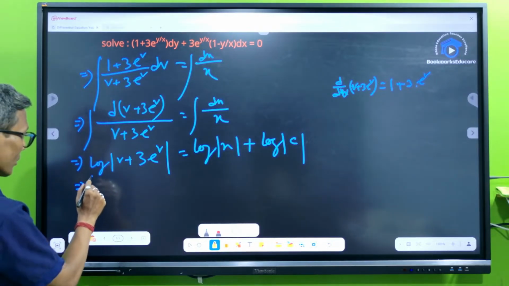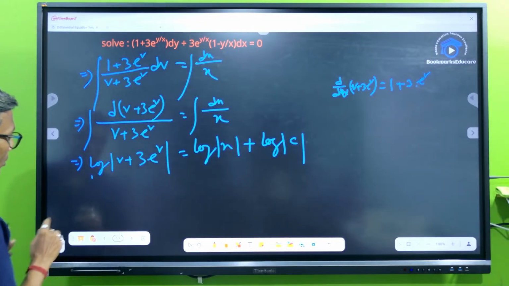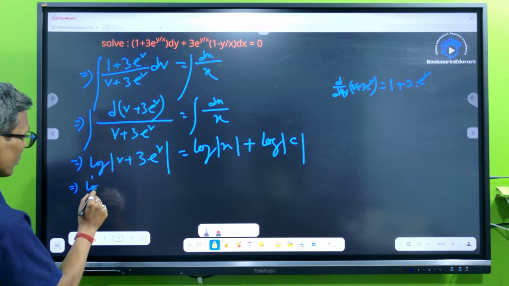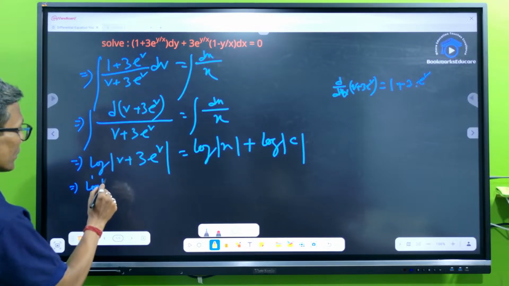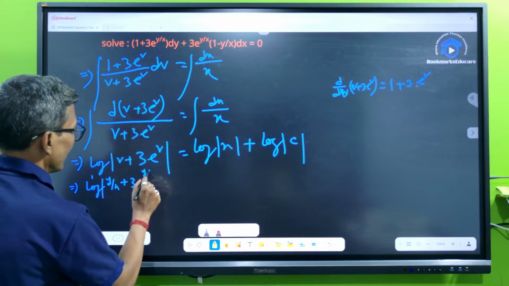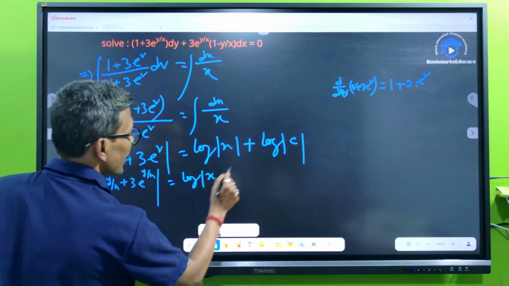So log of (y/x + 3e^(y/x)) is equal to log of mod x into c.